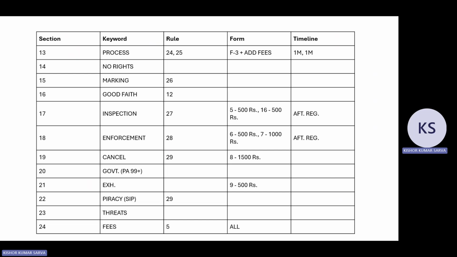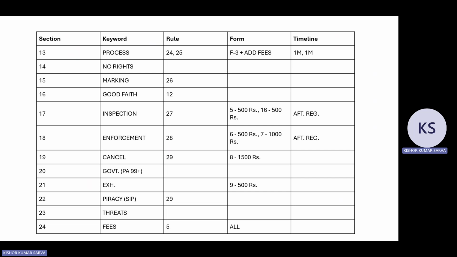If he can justify his actions, then post approval he needs to submit form number 3 for extension, along with the fee of form number 3 plus an additional fee of 1000 rupees. Okay, and within 1 month of approval he needs to do this, then publication will happen. There are time limits: 1 month for the publication, and 1 month from the approval.